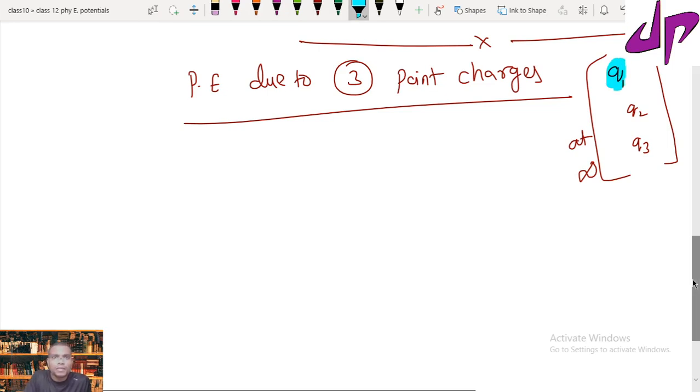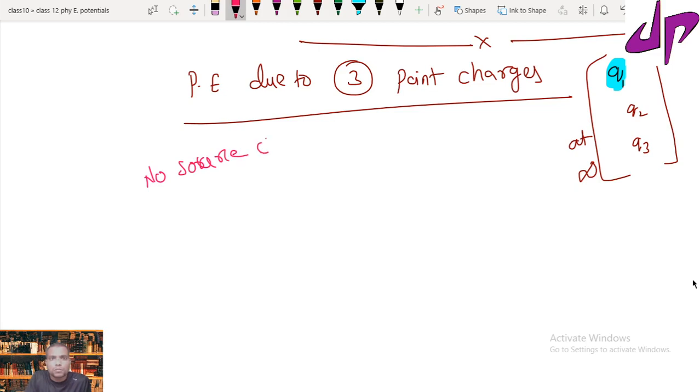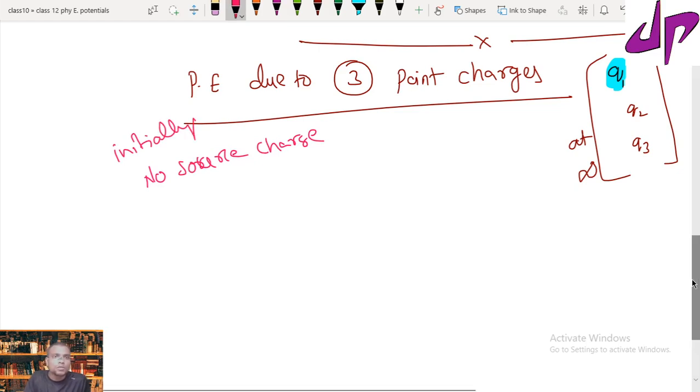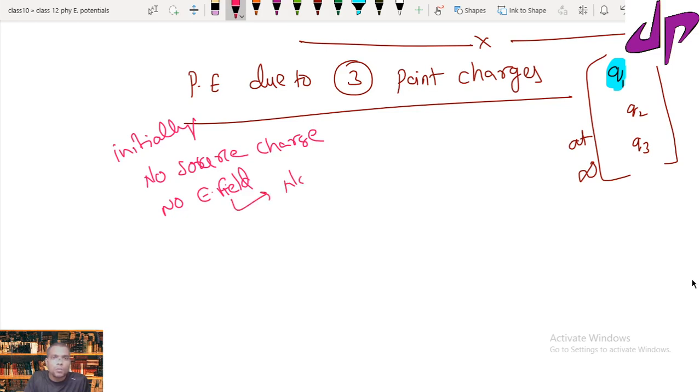So when you bring the charge q1, in this space there is no source charge initially. If there is no source charge, there is no electric field. If there is no electric field, that contributes no opposing force.